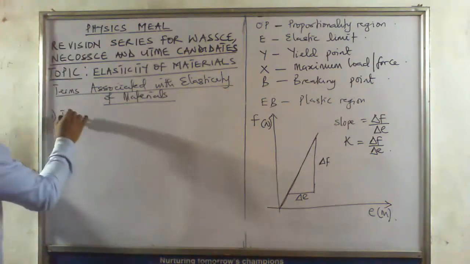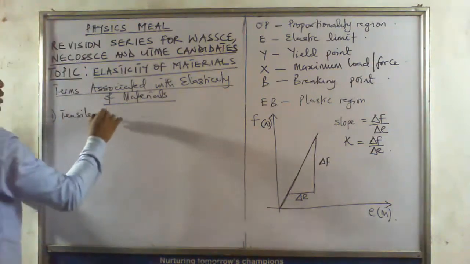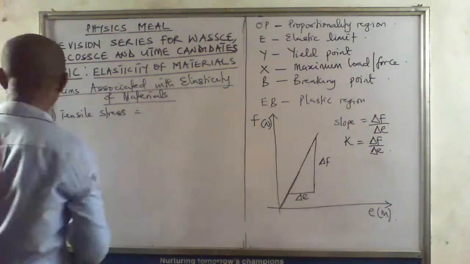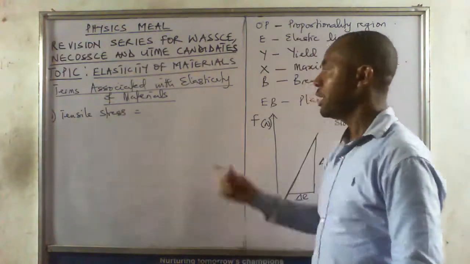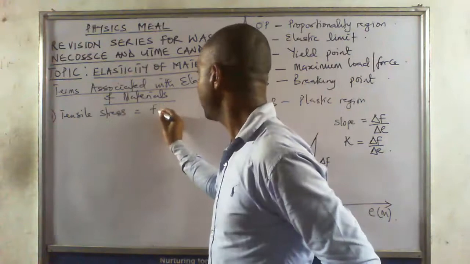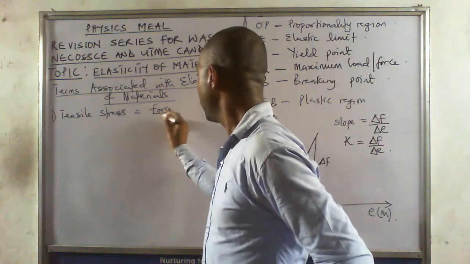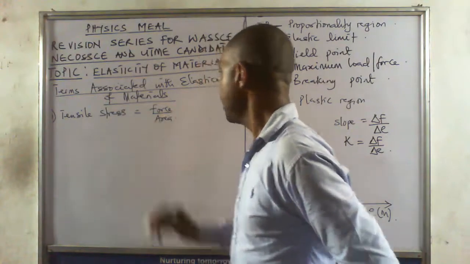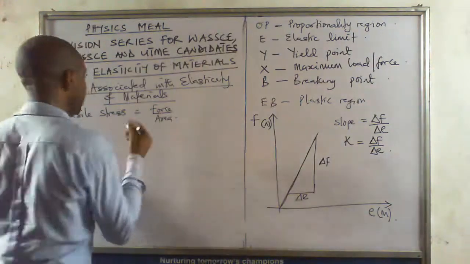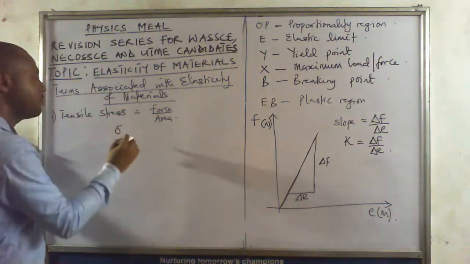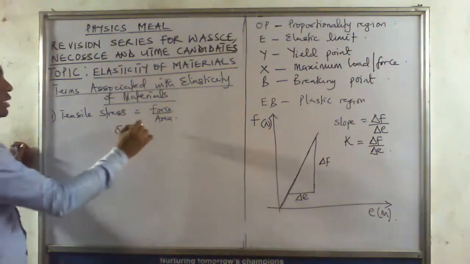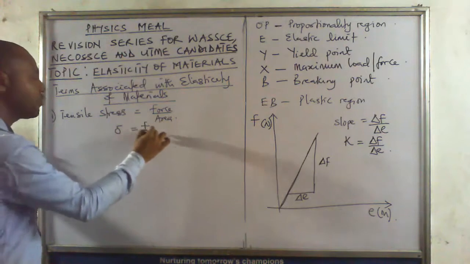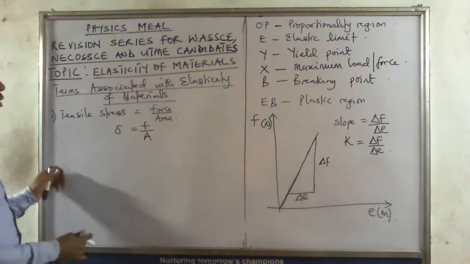One is what we call tensile stress. Tensile stress is force per unit area, force over area. I can use a symbol, what we may call sigma. Let this be my tensile stress, representing tensile stress with F as force and A as area.